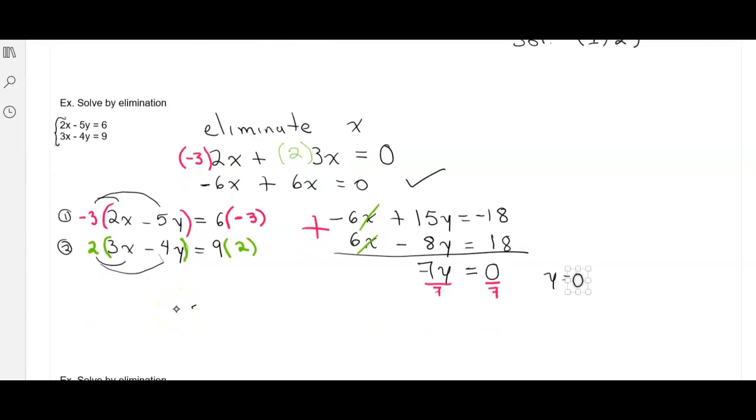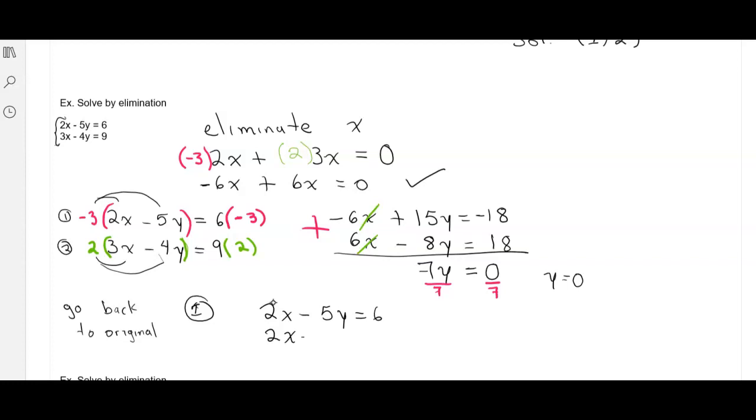Let's say I would like to pick the first one, 2x minus 5y is equal to 6.